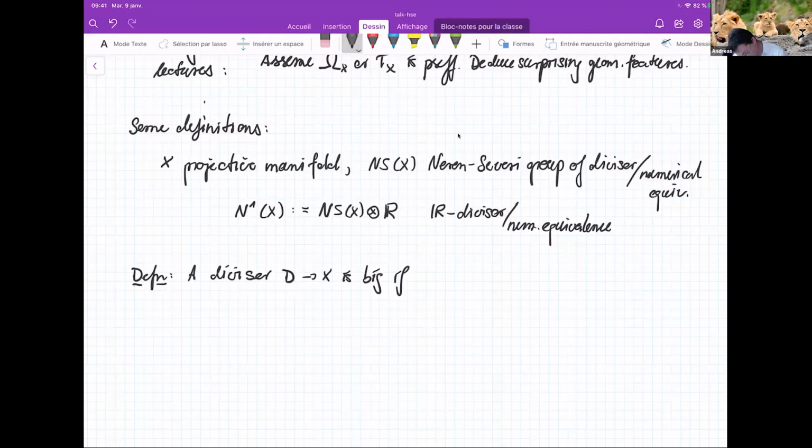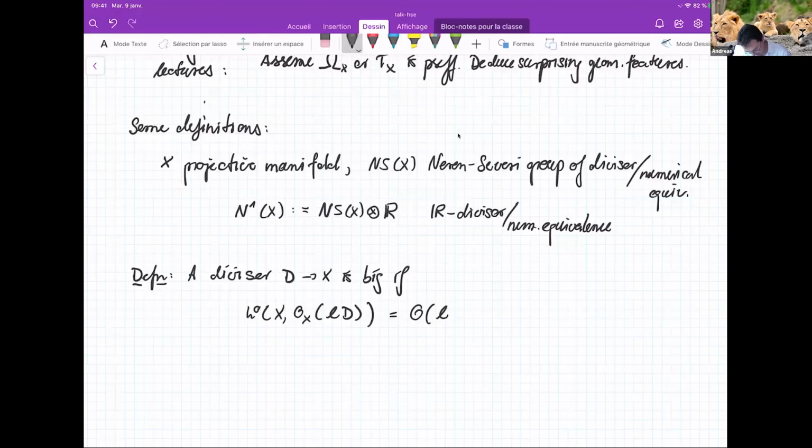Okay, so I look at the space of global sections, not only of D itself, but all its positive multiples. And this growth is then of the order L to the power of n, where n is the dimension of X.